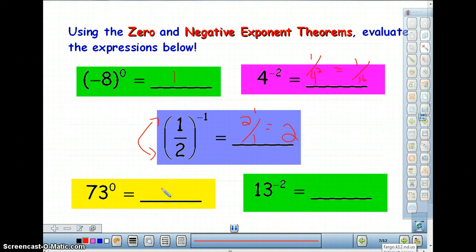Okay, 73 to the 0 power, well, anything to the 0 power is 1. 13 to the negative 2 is the same as 1 over 13 squared, so that gives me 1 over 169.